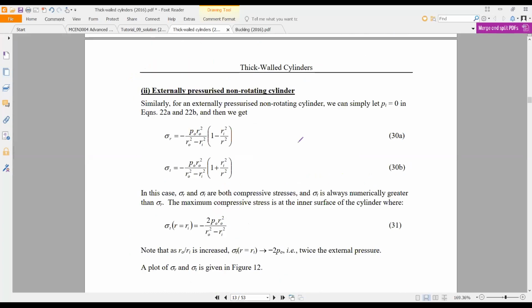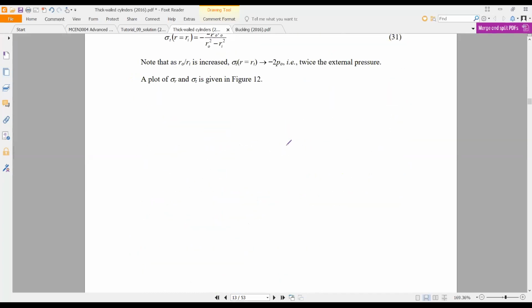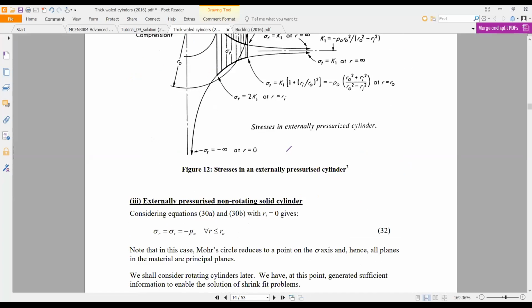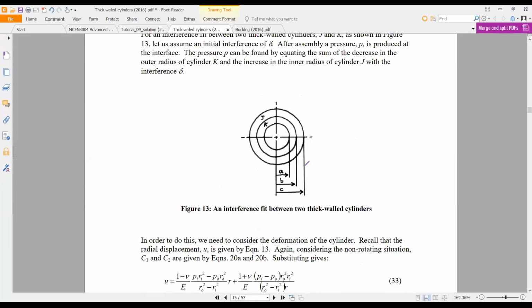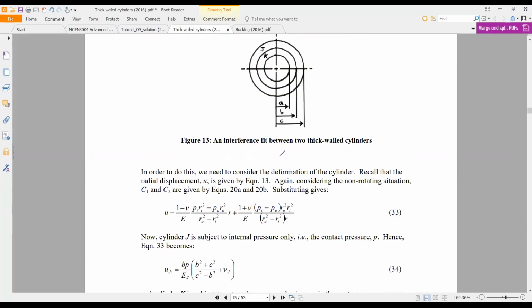Can you see my PDF now? Yes, sir. Okay, so we are here. In here also we will consider the displacement, as I told you. We call the radial displacement u.